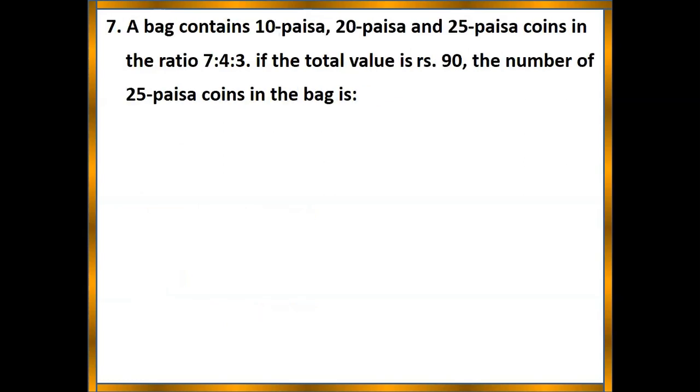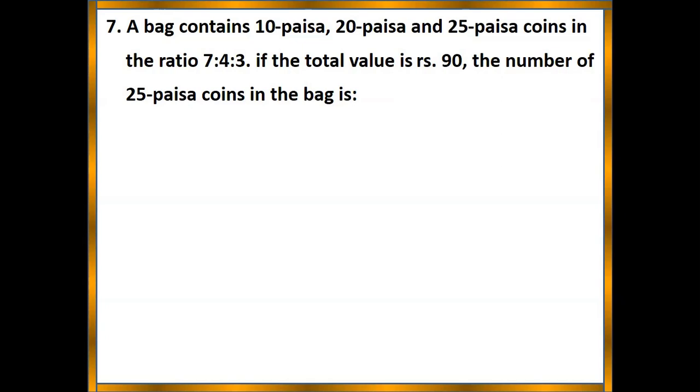Next one. A bag contains 10 paisa, comma, 20 paisa, 25 paisa coins. So here 7:4:3 is the ratio between the numbers of coins.